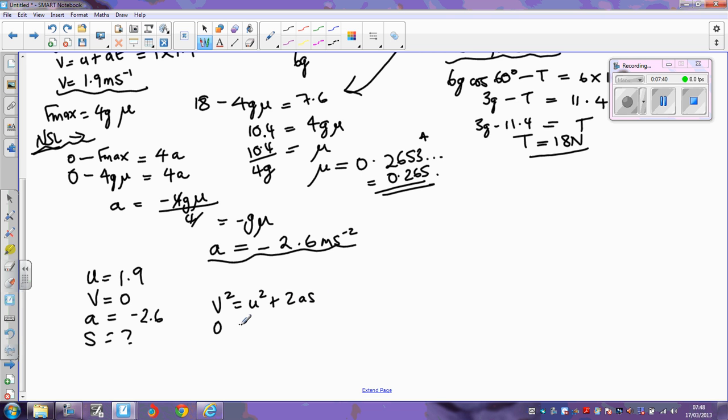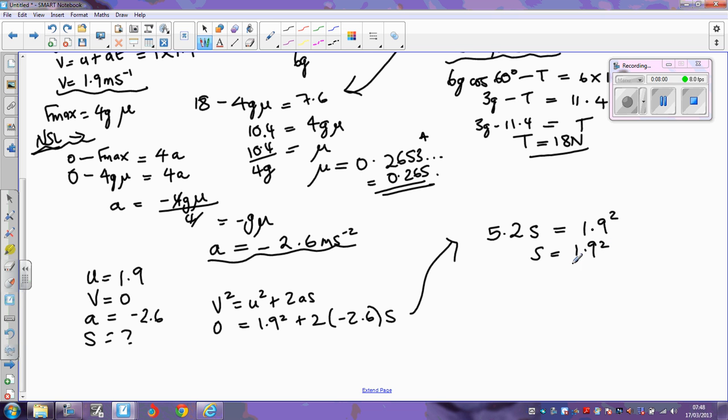So 0 equals 1.9 squared plus 2 times minus 2.6 multiplied by s. If I move that to the other side, 5.2s is equal to 1.9 squared. So s is going to be 1.9 squared divided by 5.2, and that comes out as 0.694.